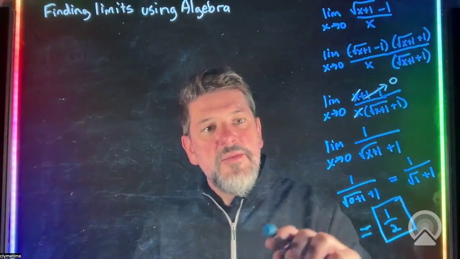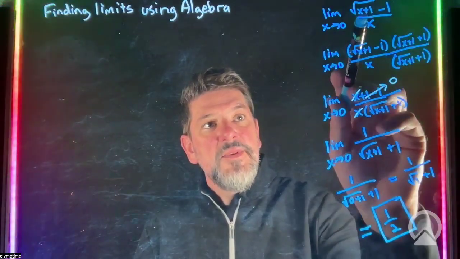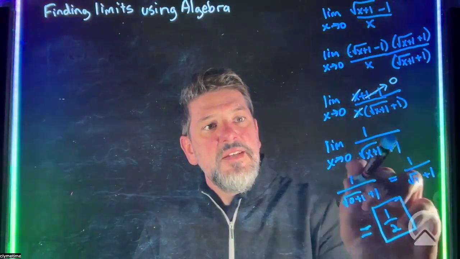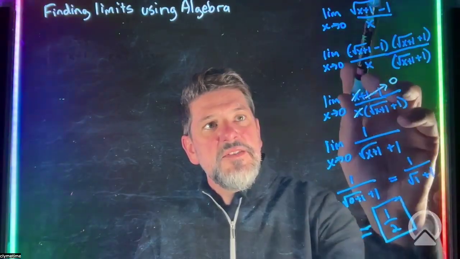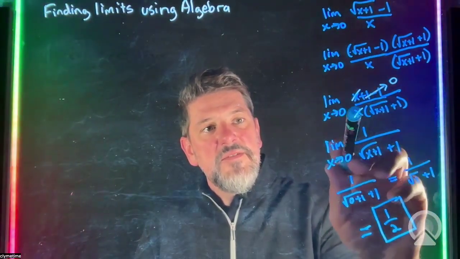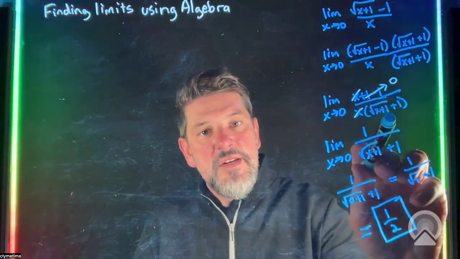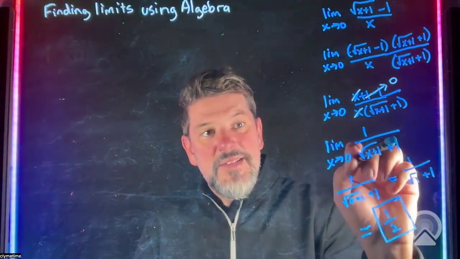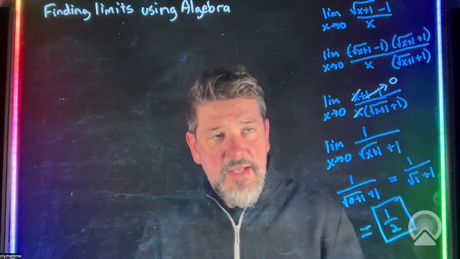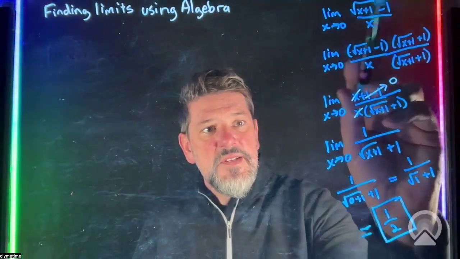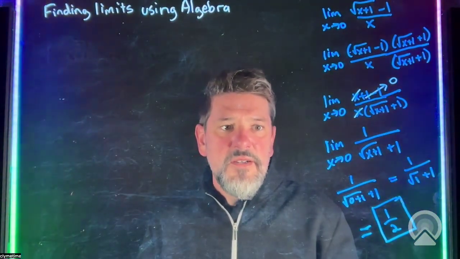And again, a reminder why that works is because while this original expression is not totally equal to this expression, because they're not equal to each other for all values of x, they are equal to each other for all the values of x near 0, but not at 0. So specifically, this is not equal to this when x equals 0. But this is equal to this for all values around x equals 0, and that's why the limits are in fact equal.